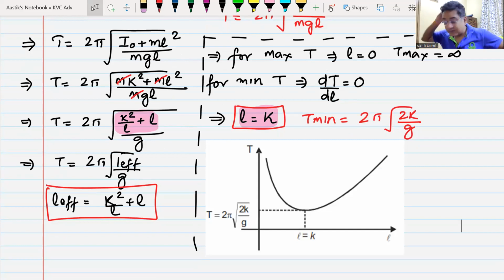And this is a very important graph between time period and L, where you can see the minimum time period 2 pi root over 2K by G. I'll give you 2 minutes to understand this and note this down.